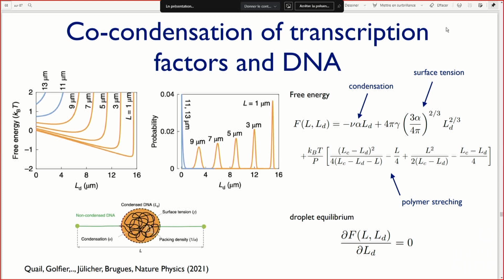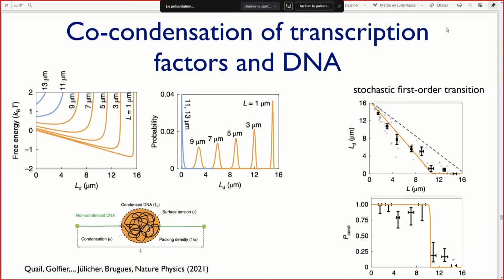And using Boltzmann factors, these potentials can be turned into the distributions of LD that you would expect in an experiment. And now this fluctuating model captures the experiments and can allow us to measure these parameters that I have in the simple model, the surface tension and the condensation energy.